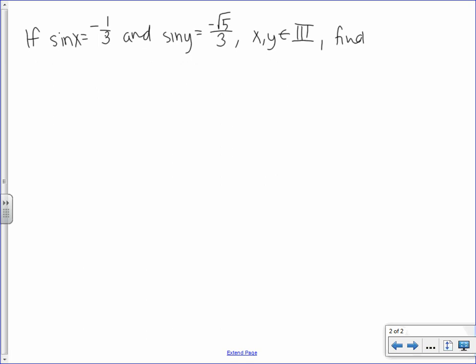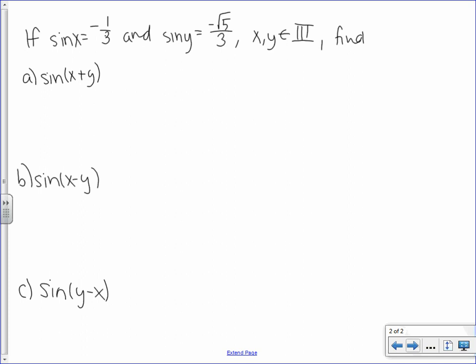For part A, let's find the sine of x plus y. For part B, we will find the sine of x minus y. And for part C, just for fun, I want to do the sine of y minus x. Alright, so 3 parts.